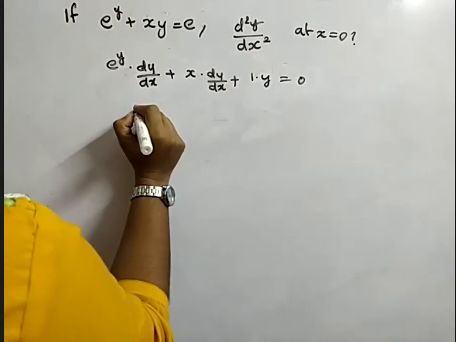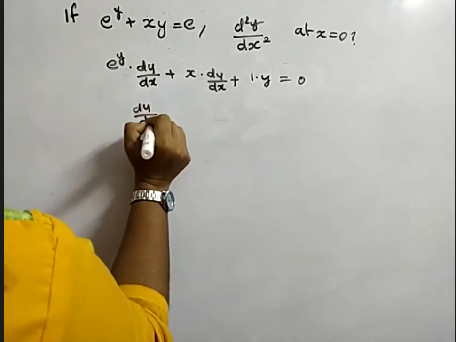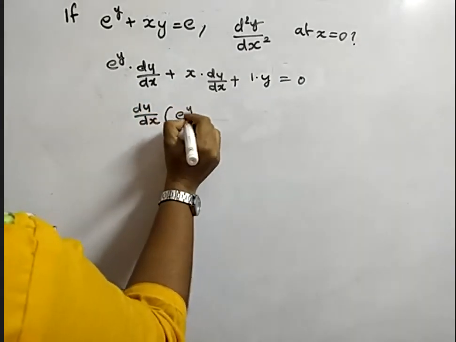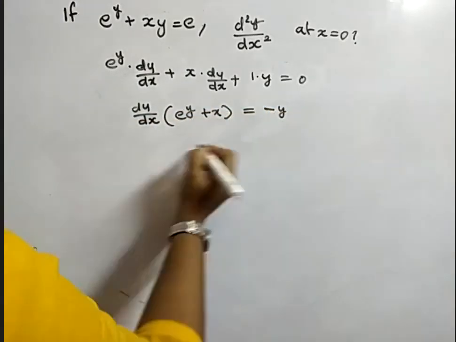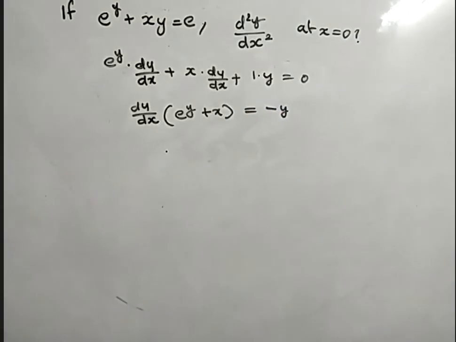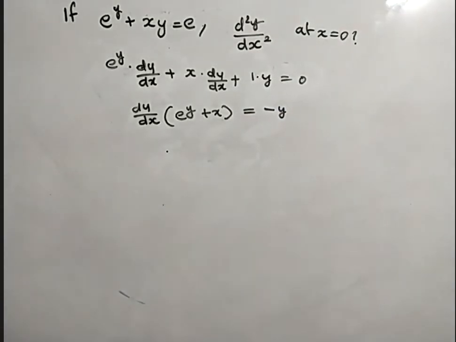So dy by dx into e raised to y plus x is equal to minus y. Now they are telling at x equal to 0.